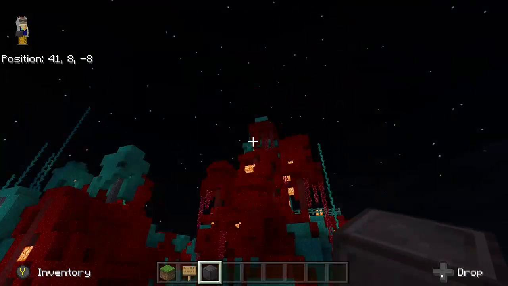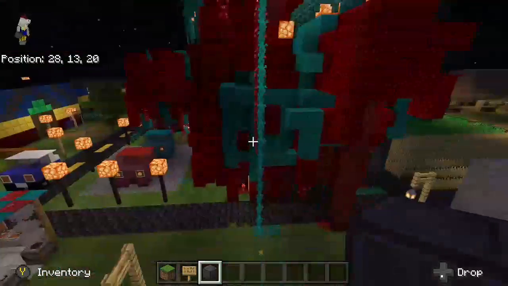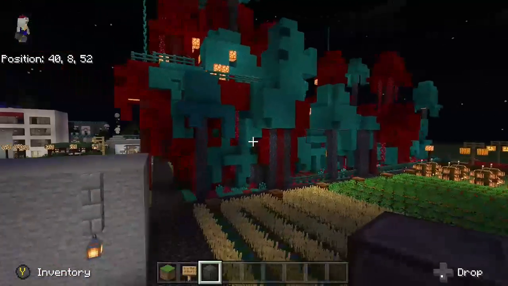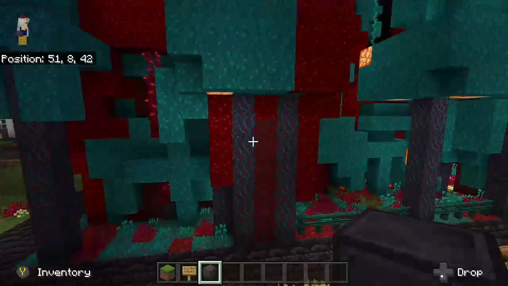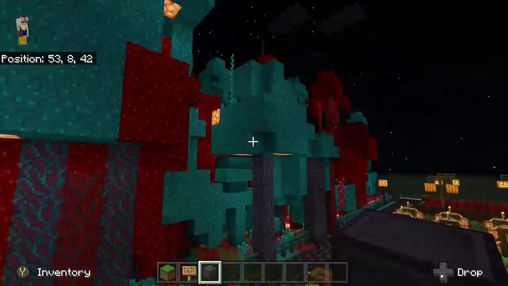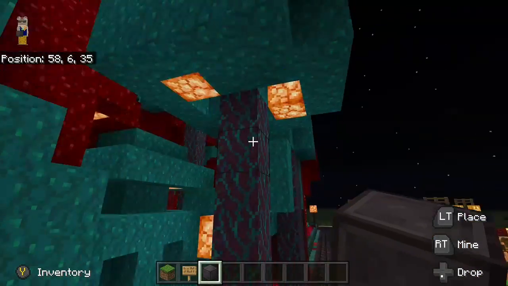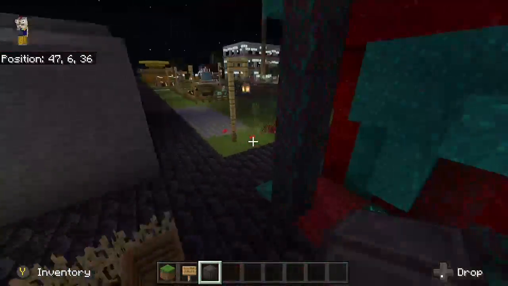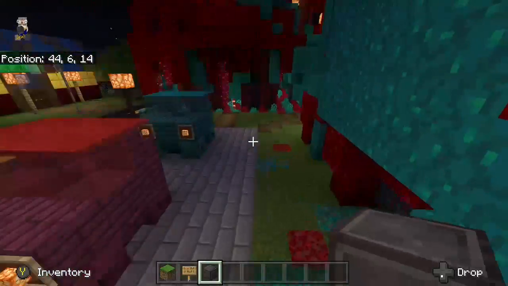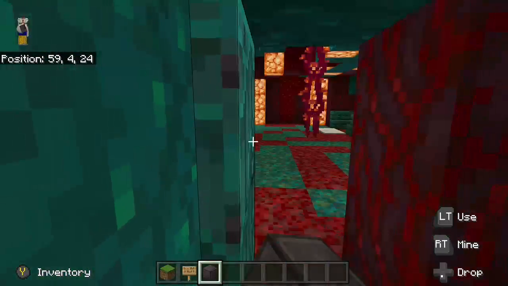Okay, now, for this monstrosity. This is my nether house. It's supposed to represent another world slowly leaking into our worlds, trying to infect it, since these are technically fungus. So, yeah. Also, let's see the inside. Because this is an actual house that you can live in.